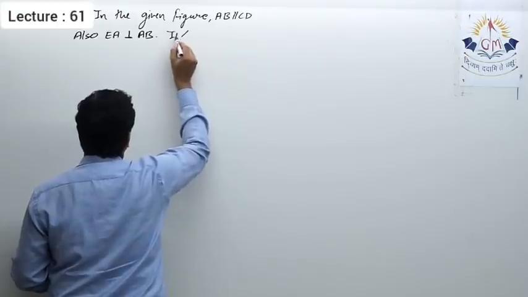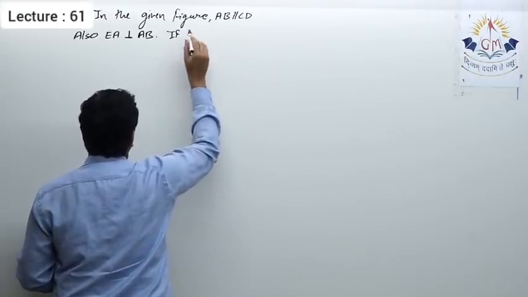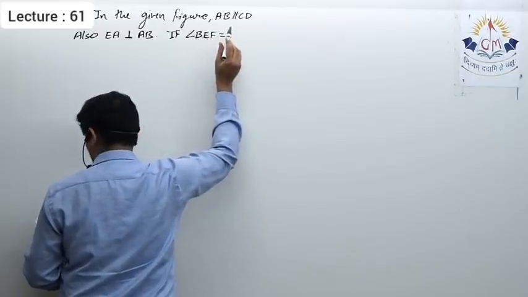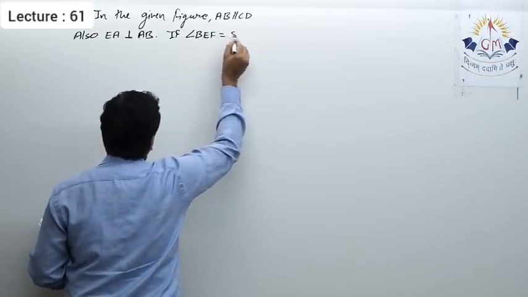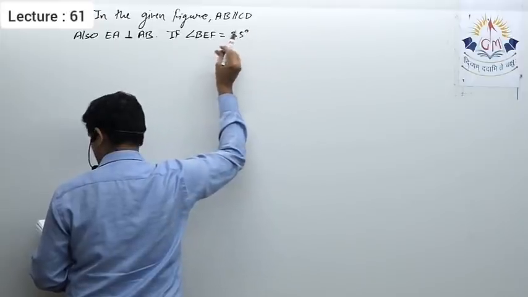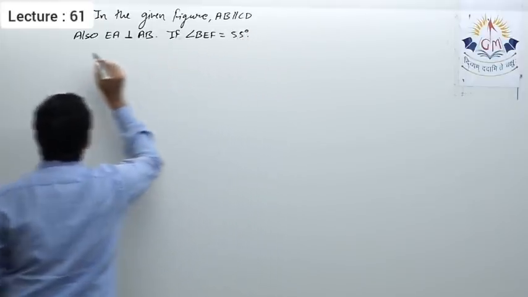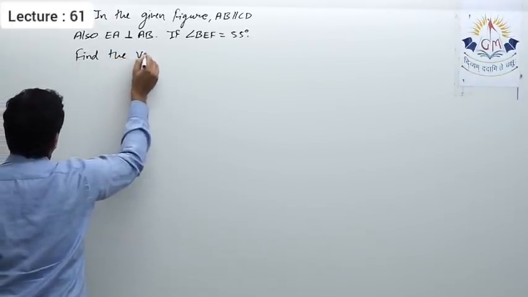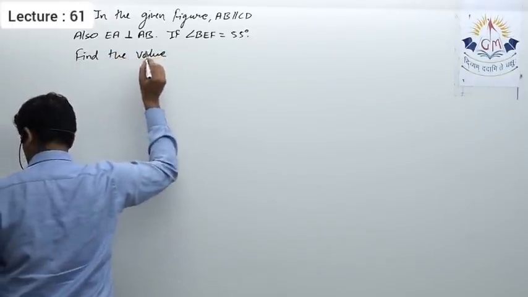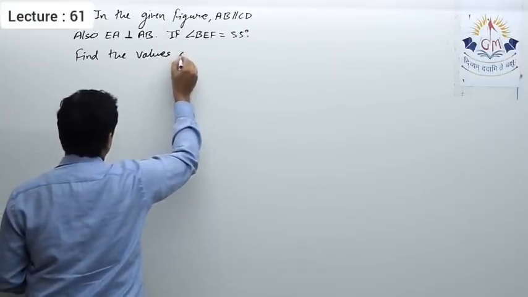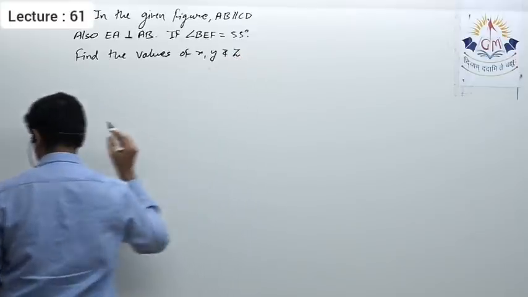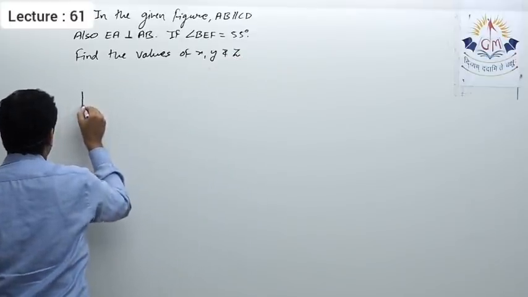If angle BEF is equal to 55 degrees, find the value of x, y and z. So here is the diagram.